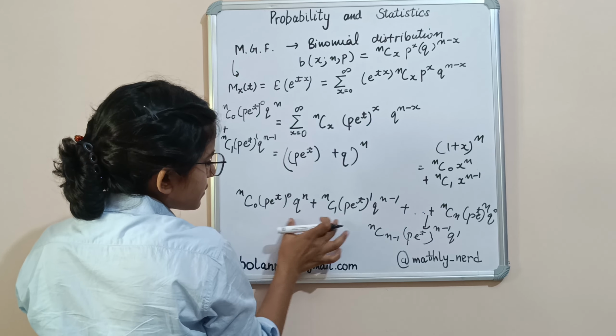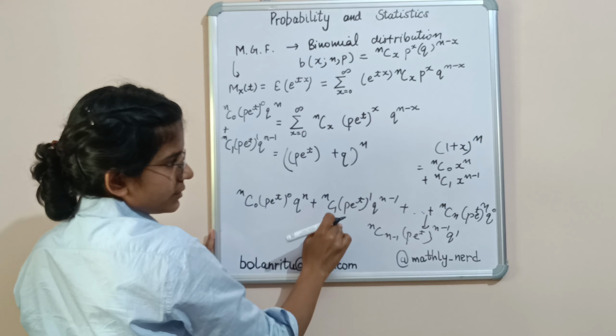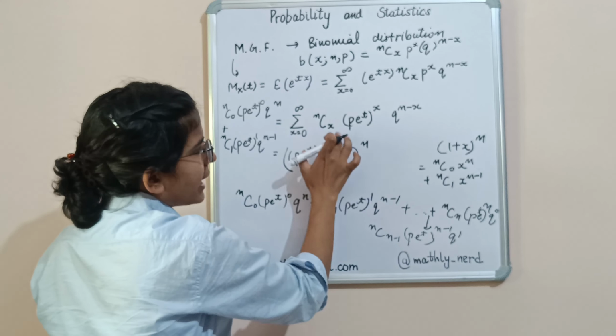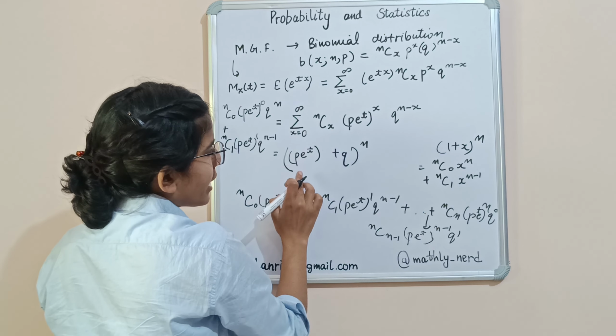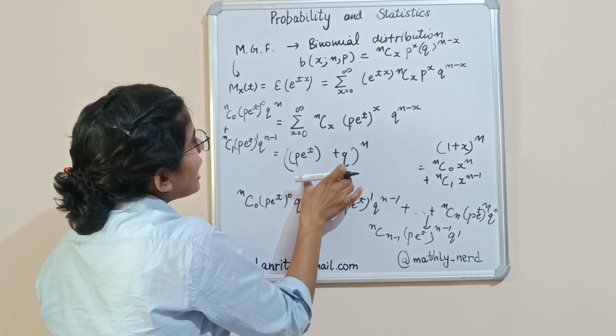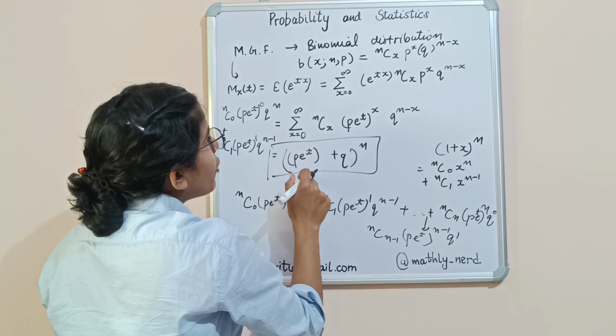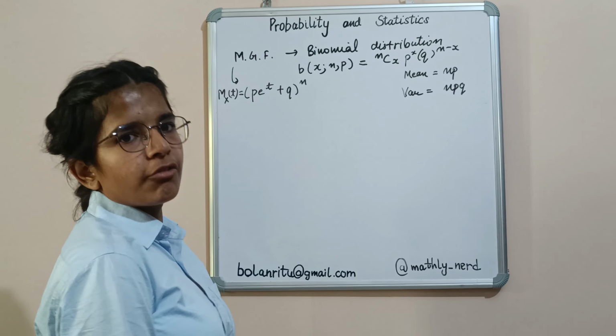Don't you think these terms are going in a pattern like this? So that's why we can write this summation as this binomial. So that is our answer. This is the moment generating function for the binomial distribution.